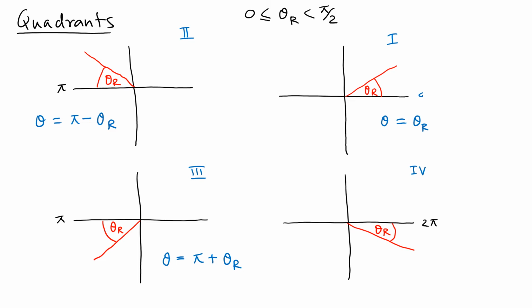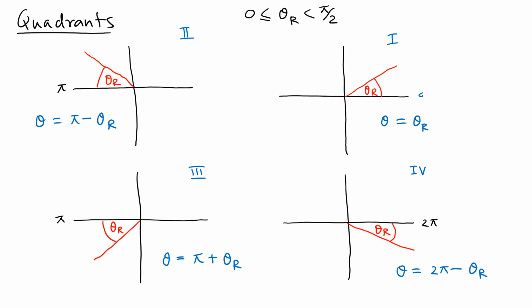And for quadrant 4, it is 2 pi minus the reference angle. Those are the 3 cases, and we're going to use this a lot depending on the situation. These are the principal values. To get the other values, we add multiples of 2 pi or multiples of 360, depending on whether we work with radians or degrees.